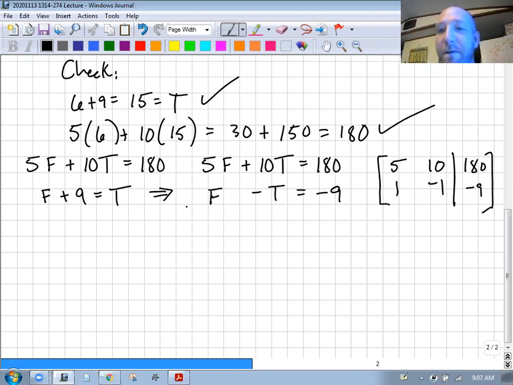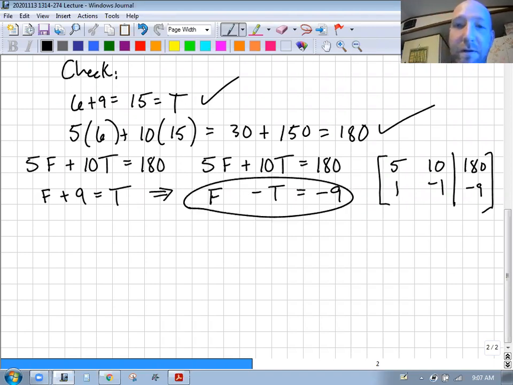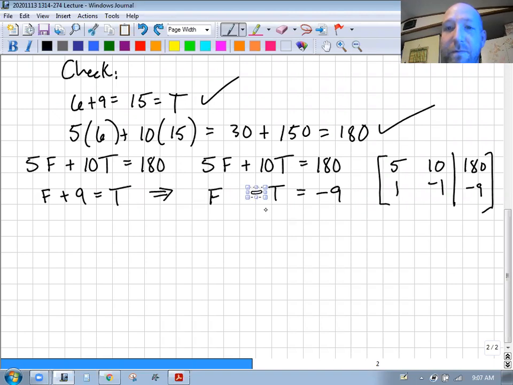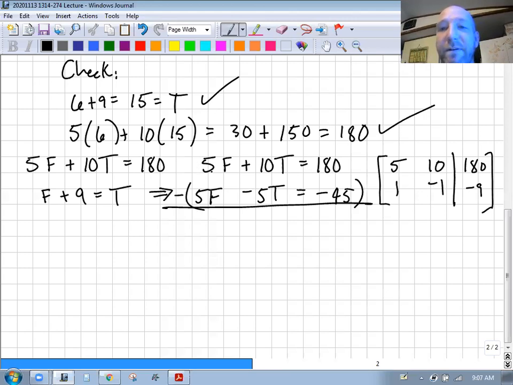But let's see, if we just look at this one, if we multiply through by 5, we have a 5, 5, and negative 40. Now if we subtract them, 5f minus 5f is 0f's. 10 minus a negative 5 would be 15t.